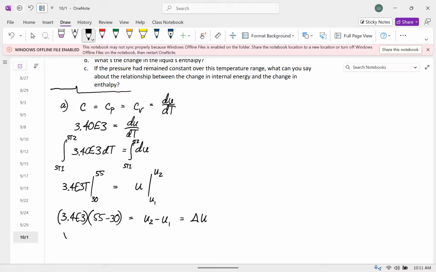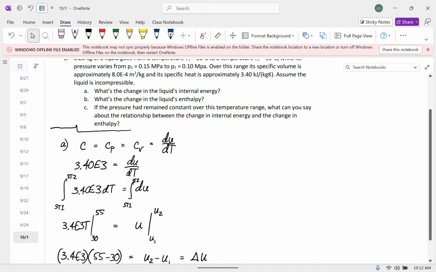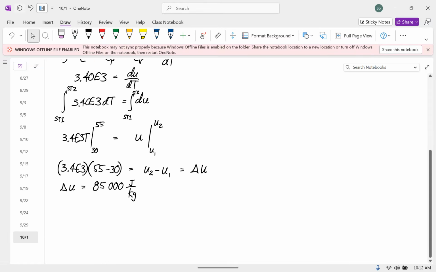So multiply the left side out and you get that delta little u is equal to 85,000. This is SI units, so this is in joules per kilogram. Now we want not the change in the specific internal energy, we want the change in the extensive internal energy.